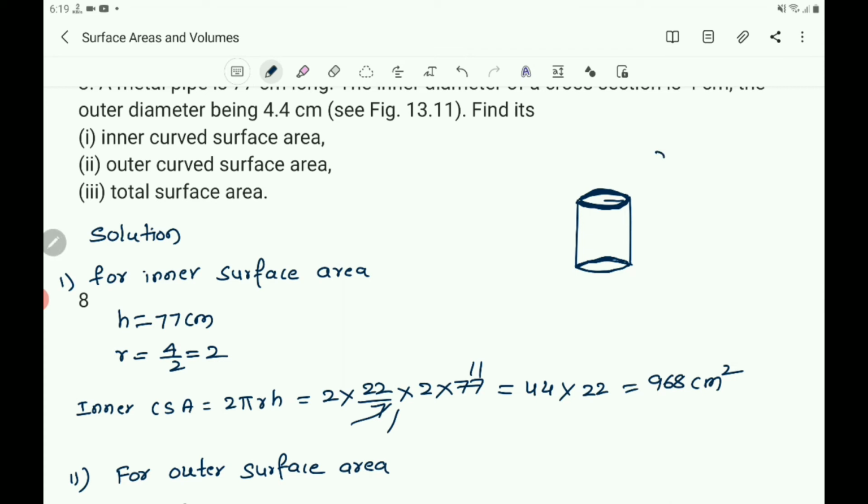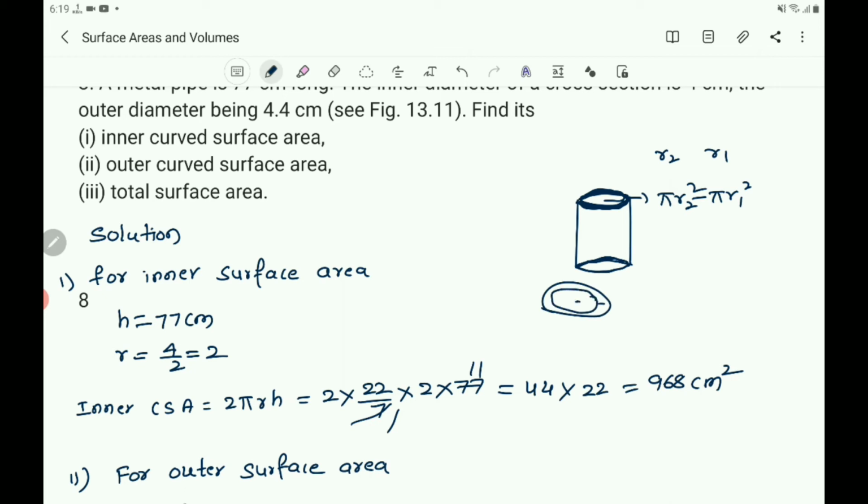If you take R2 as the outer radius and R1 as the inner radius, the area becomes πR2 square minus πR1 square.